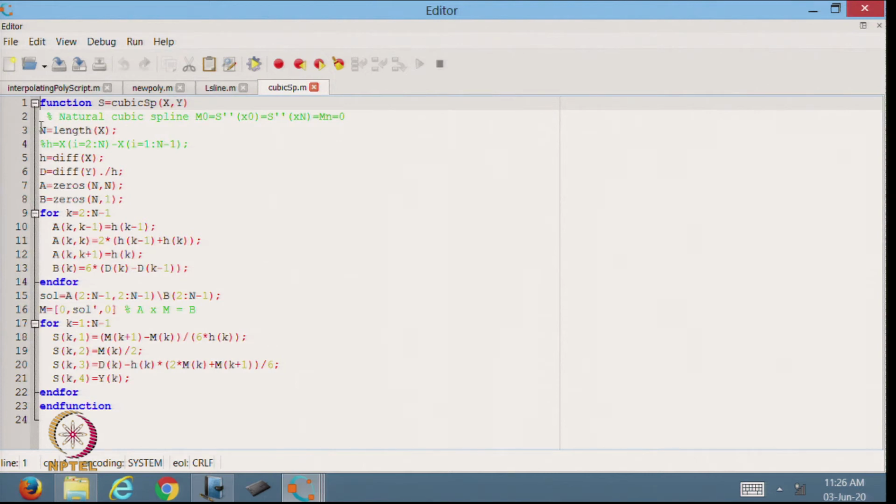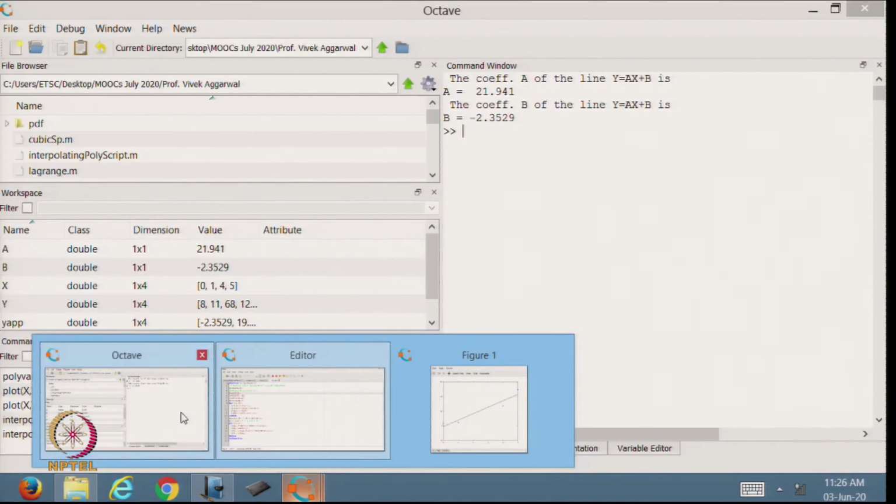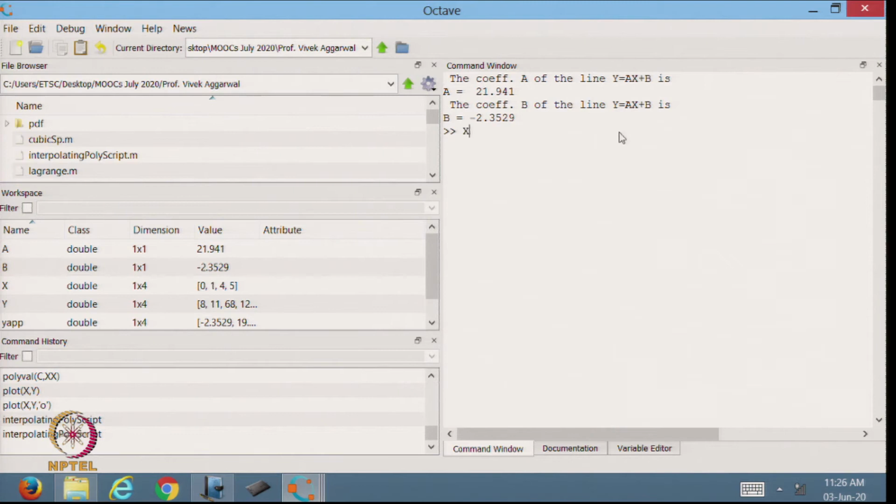Now, from here, n is the length of x. h is the difference, that is diff of x. Suppose in the previous example I have x, I will write diff x.